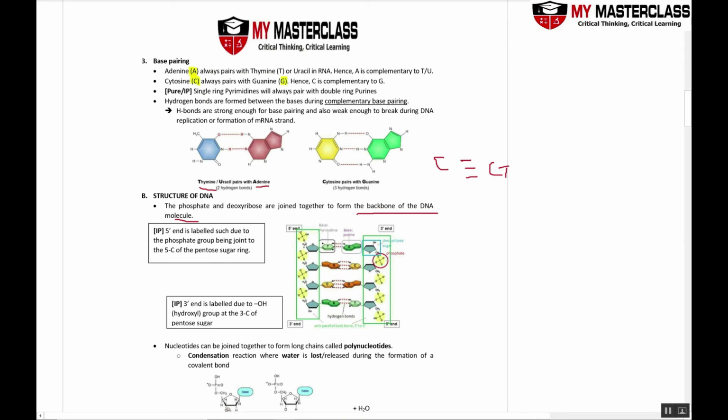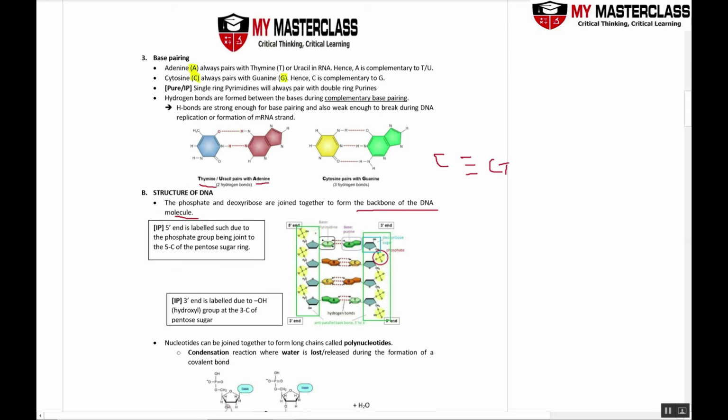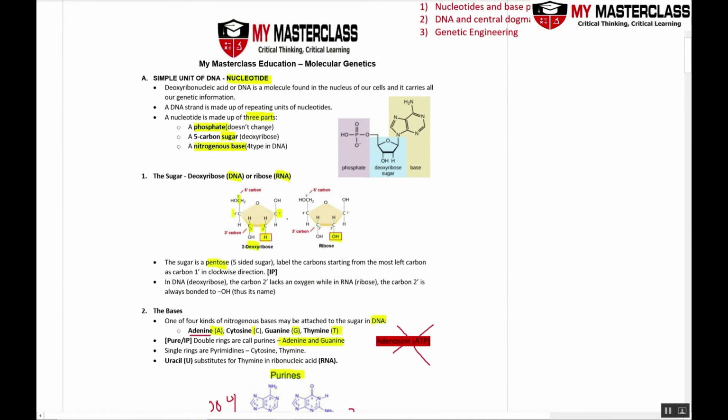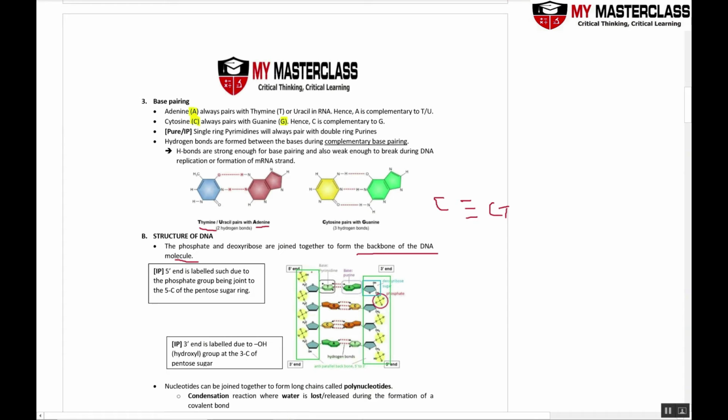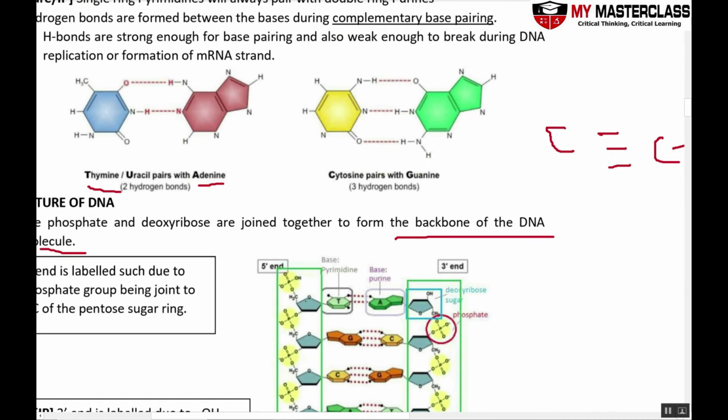Okay, so now if we look at the structure here, remember just now we looked at the pentose sugar in terms of the naming system, the numbering system. Here I have the first carbon, and the fifth carbon is right at the top. Likewise, if I zoom in, you can see the first carbon, second carbon, third carbon here, fourth carbon, and this is the fifth carbon.